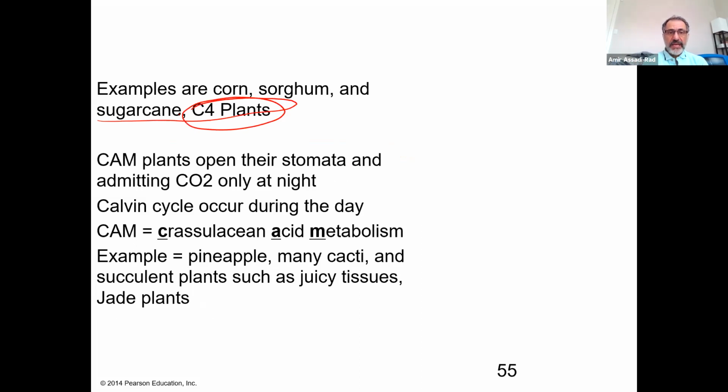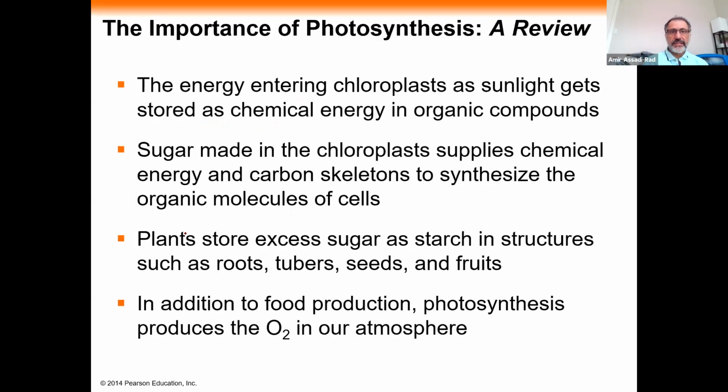CAM plants, as you already know, open stomata at night and run the Calvin cycle during the day, and CAM stands for crassulacean acid metabolism. Examples are pineapple, many cacti, and succulent plants like jade plants, which we already talked about.